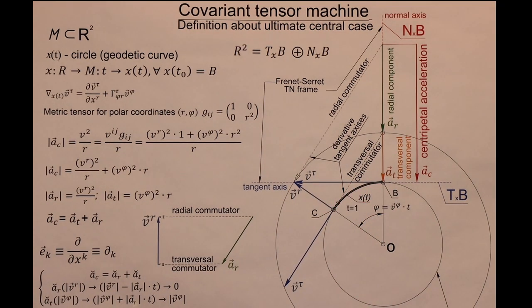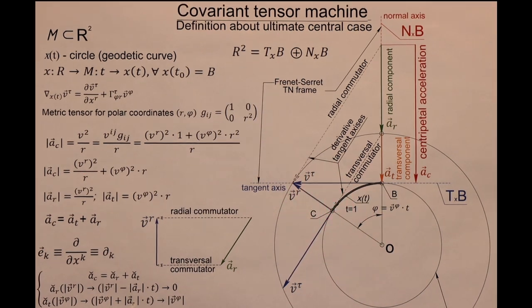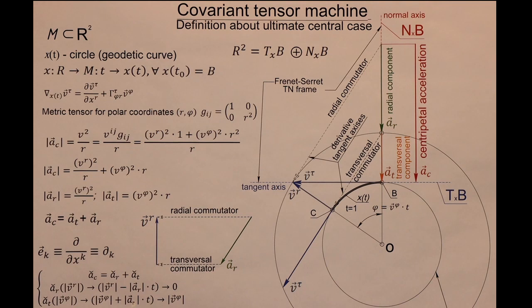Then connect the end of the arrow with center O. Therefore, the point of crossing with the xt line occurs at point C. This is the radial coordinate of the moving point, the same way as its angle coordinate.